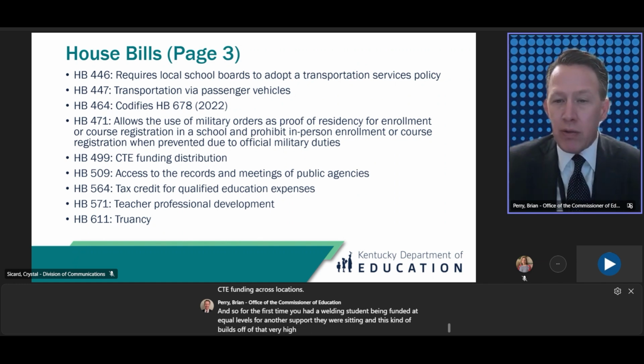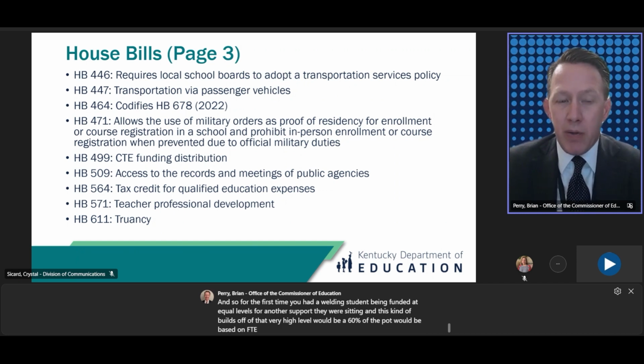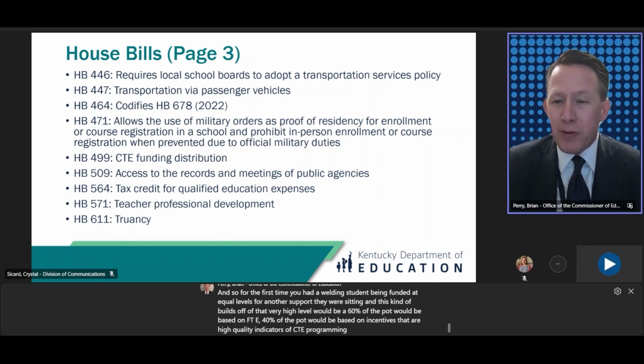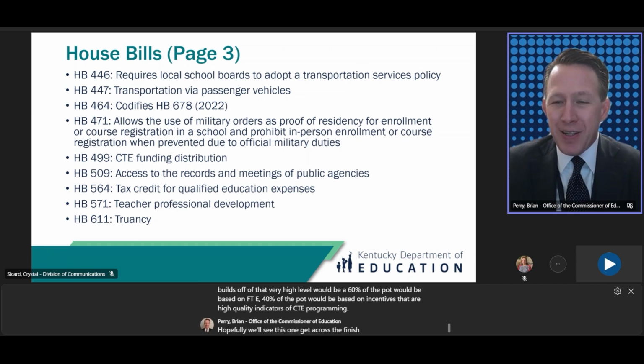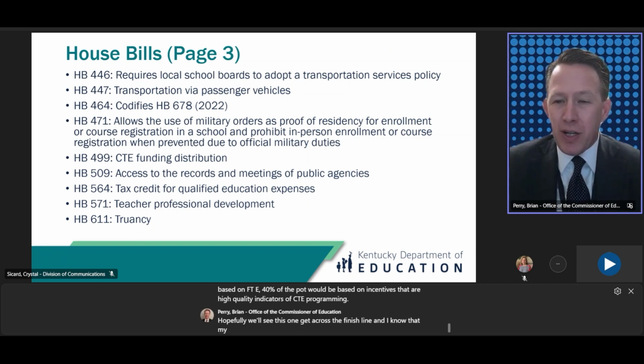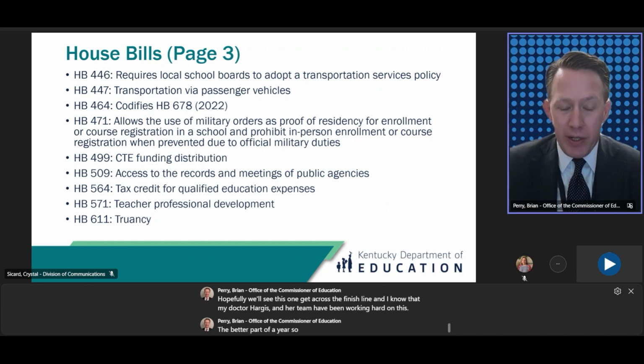Very high level, 60% of the pot would be based on FTE, 40% of the pot would be based on incentives that are high quality indicators of CTE programming. Hopefully we'll see this one get across the finish line. I know that Dr. Hargis and her team have been working hard on this for the better part of a year, so we'll see if we can get this one done before the end of the session.